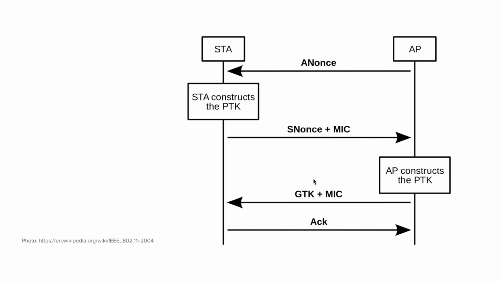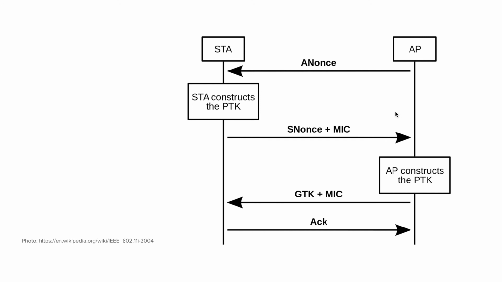So now that I've walked you through an overview of how that process works, let's talk really quickly about how we crack the password with that. To crack the password from that four-way handshake, we need to get some information first from the handshake.